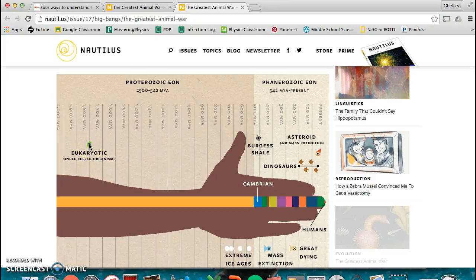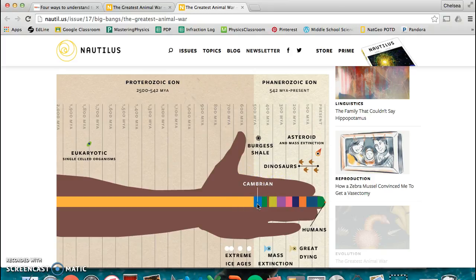So pro means before. Prokaryotic cells came before eukaryotic cells. So actually back here, there's about another 2 billion years. Now, life on Earth was pretty simple until we get to about the middle of our palm. Then came an event called the Cambrian explosion.